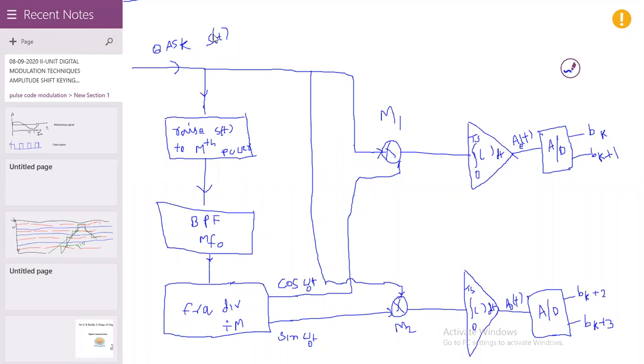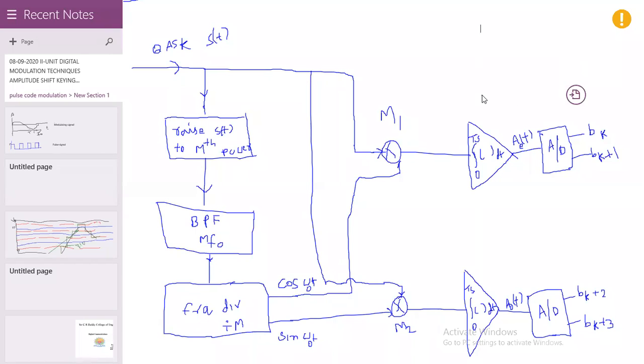But in this case only, amplitudes are different and the phase is also different from symbol to symbol. Remember, the remaining are all the same. But the equation we derive for this one is entirely different.